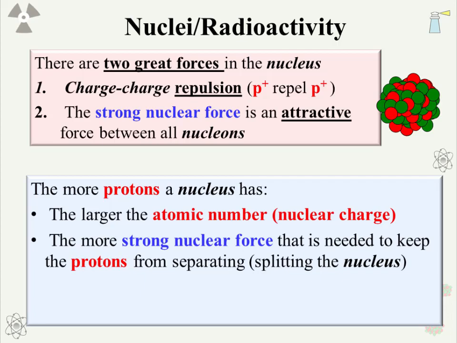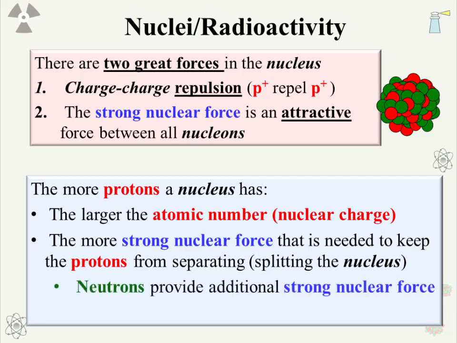Is the strong nuclear force that the protons themselves have strong enough to do this? No, it is not. Neutrons provide additional strong nuclear force, and they are needed in more than a 1-to-1 ratio with larger nuclei. Big nuclei need more glue.